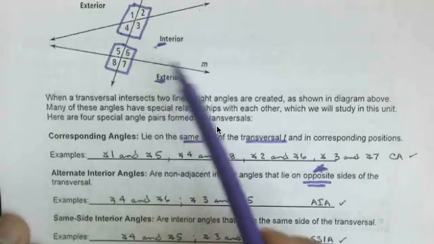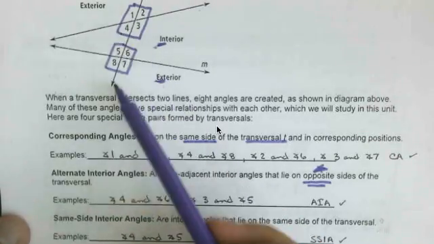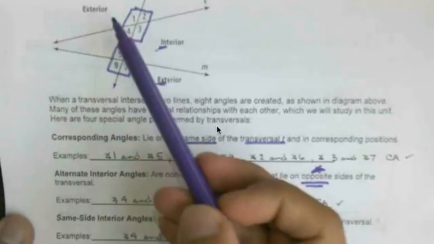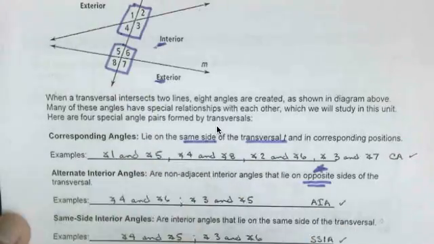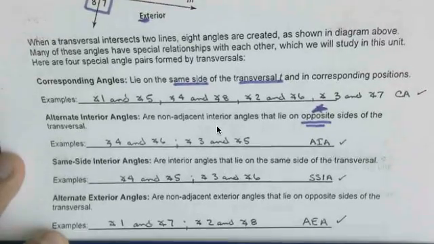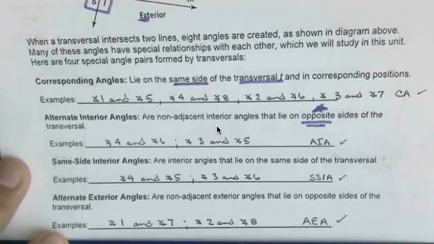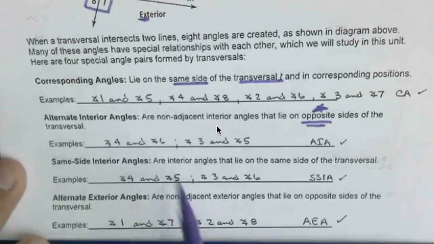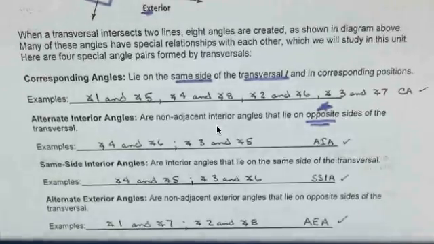Those angles are on the exterior. So the alternates of them, we could say, match up. So 1 and 7 would work along with 2 and 8. So 1 and 7 are alternate exterior angles. They're opposite the transversal. They're on different sides. And that's what's up with that.